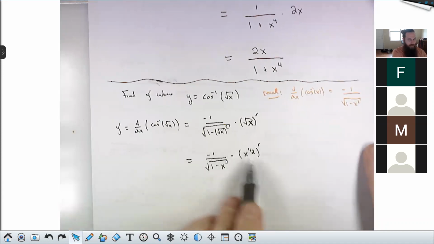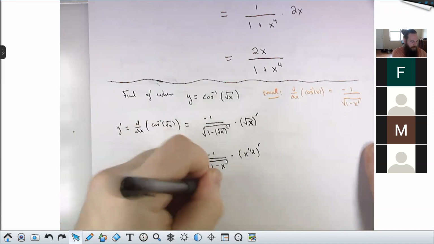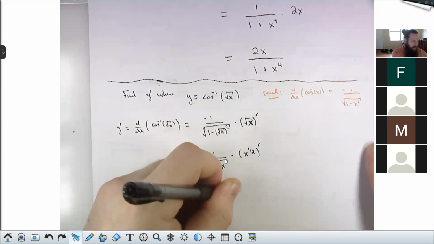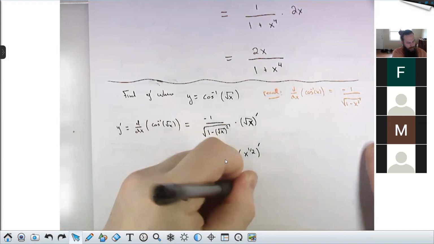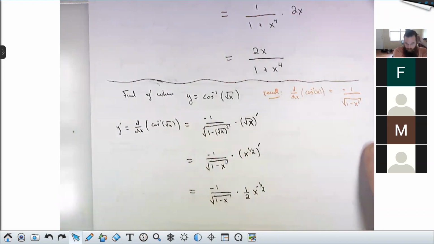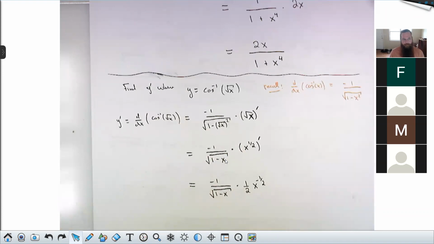And to finish the job, I need to find the derivative here. So this is negative 1 over the square root of 1 minus x times 1/2 x to the negative 1/2. And you can leave it like this, that's fine.